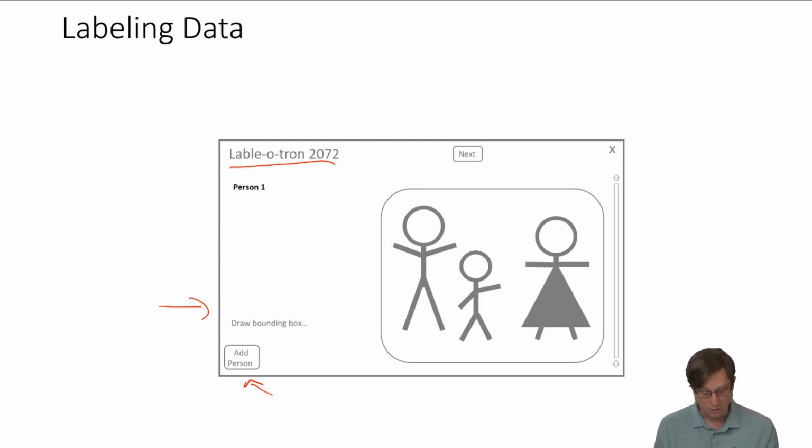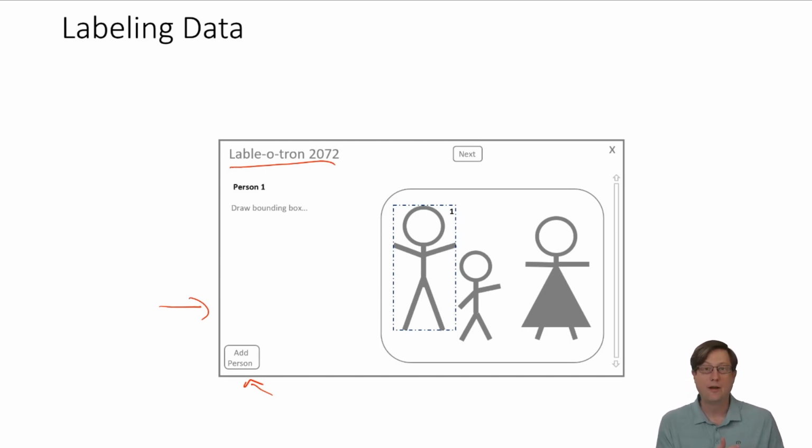And it's going to say, okay, now draw a bounding box around the person that you want to work with. As a labeler, you take your mouse and you draw a bounding box. And now that's person one. You could click add person again, add person 2, 3, whatever, however many people are in the data. But for now, we have person one. But as you've seen from the execution and the architecture, just knowing how to do detection and figuring out roughly where a person is isn't enough.